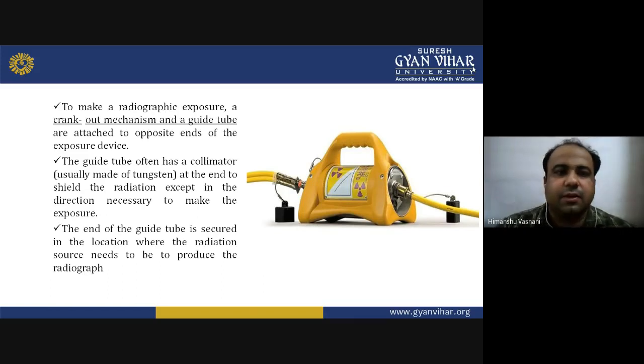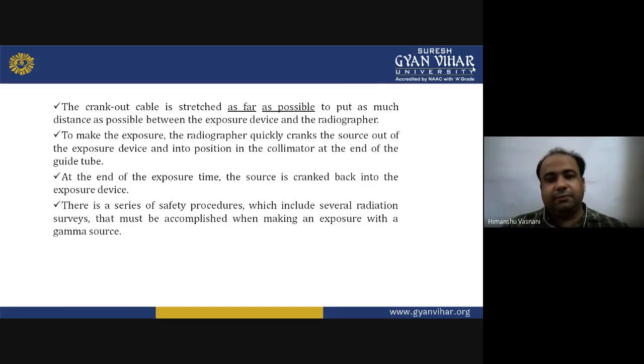Okay, the crank-out cable is stretched as far as possible to put as much distance as possible between the exposure device and the radiographer. To make the exposure, the radiographer quickly cranks the source out of the exposure device and into position in the collimator at the end of the guide tube.